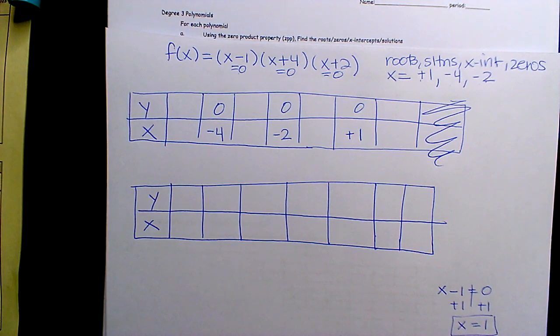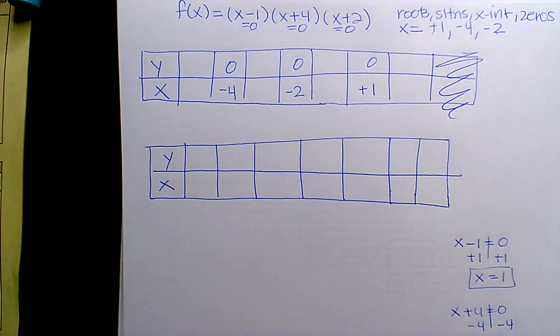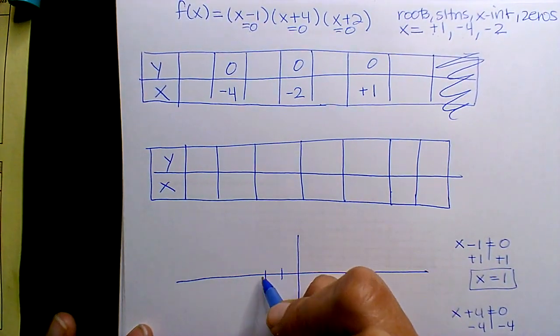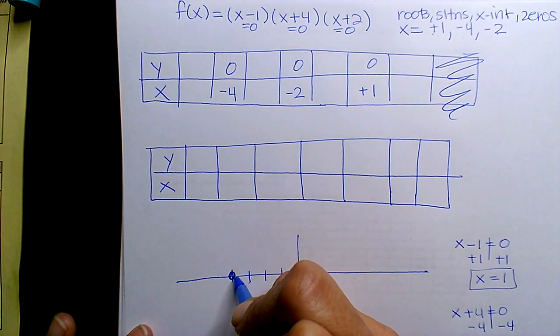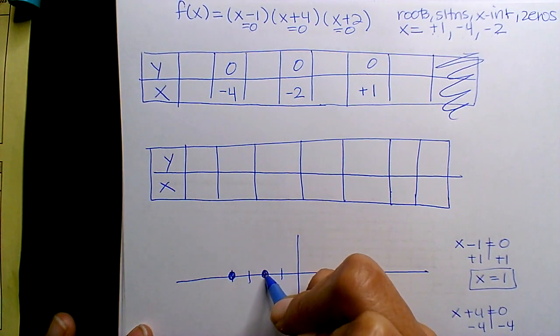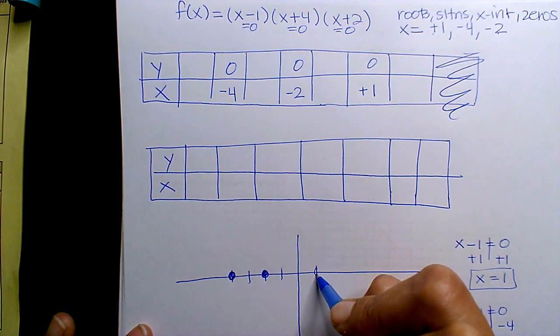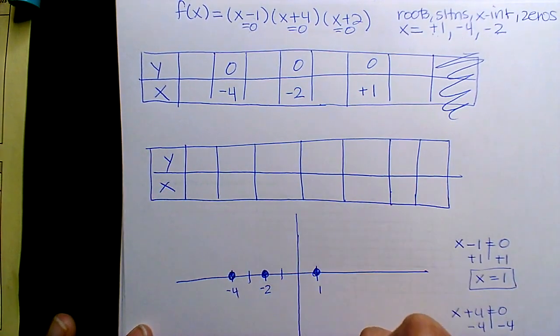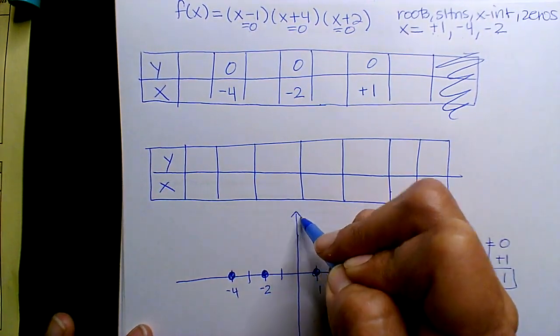Okay, so if I look at my generic kind of ugly little graph here, at -4, at -2, and at 1, I have an x-intercept.